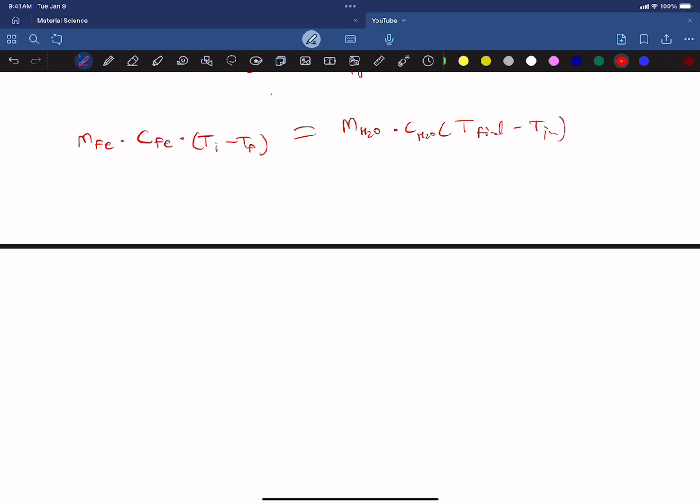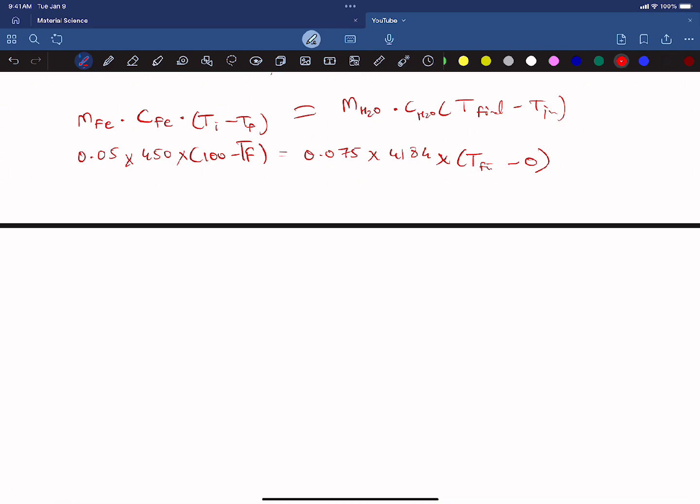So we substitute all the values into the equation: mass times specific heat times initial minus final is equal to mass times 4184 specific heat times final minus initial.